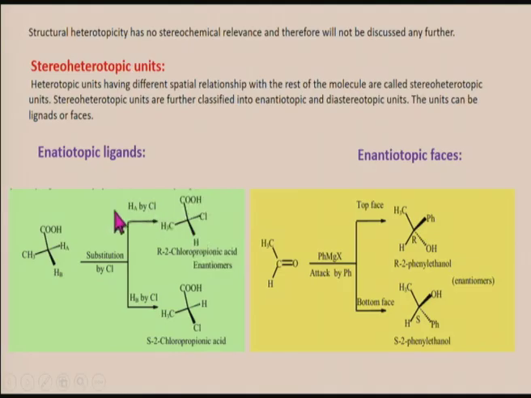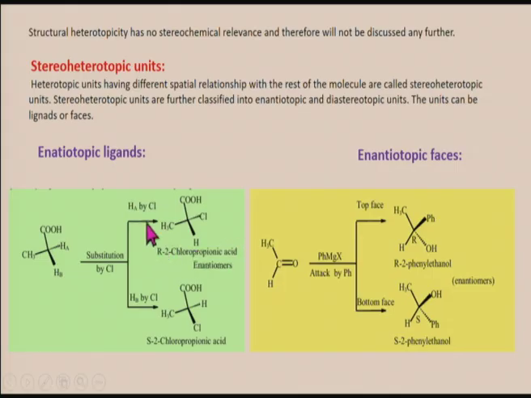First, we substitute HA with chlorine. Then what we get is the R configuration, R 2-chloropropionic acid.